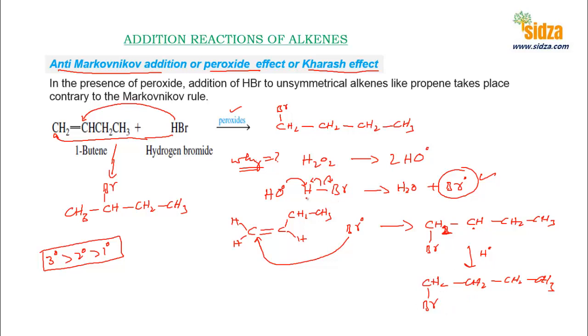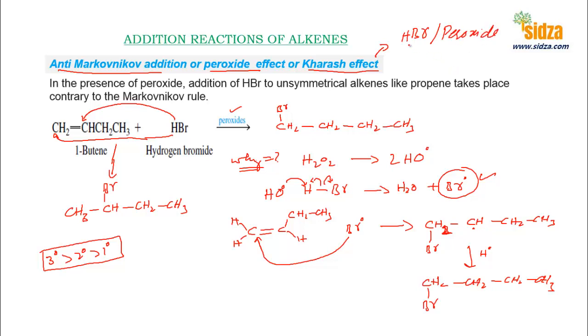The question is why it happens only with HBr. So you remember, this is the case only when you add HBr in presence of peroxide. Anti-Markovnikov addition, or the peroxide effect, or the Kharasch effect, is only observed when you add HBr in presence of any peroxide, right?